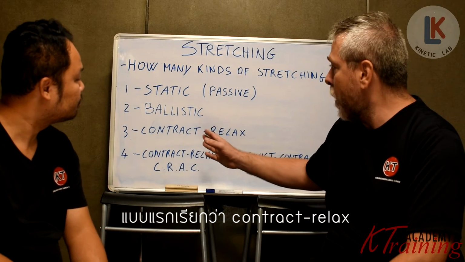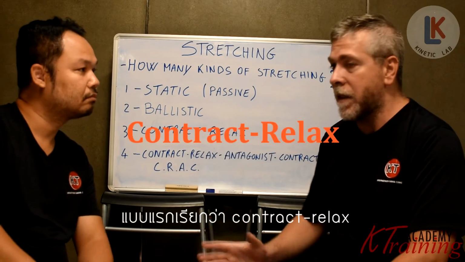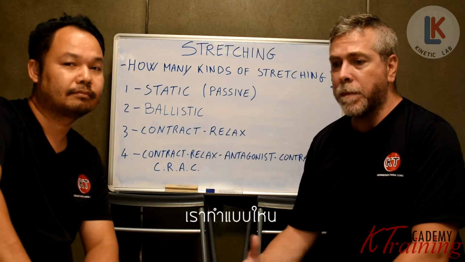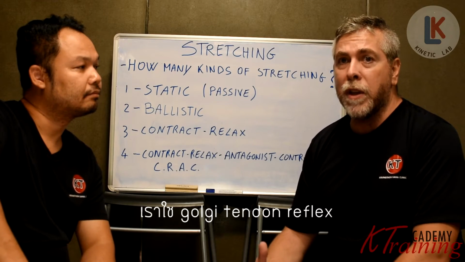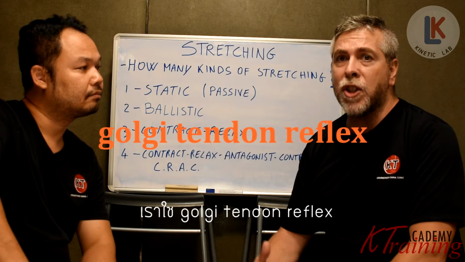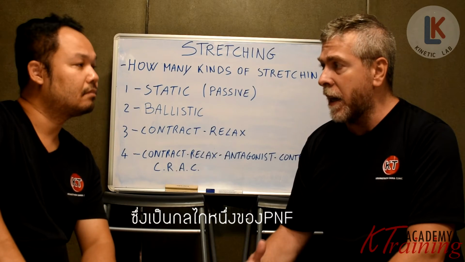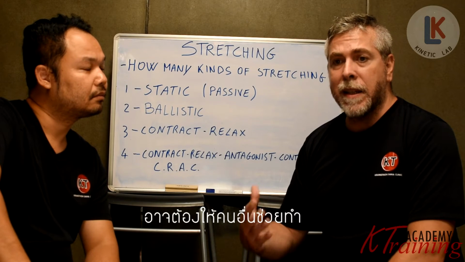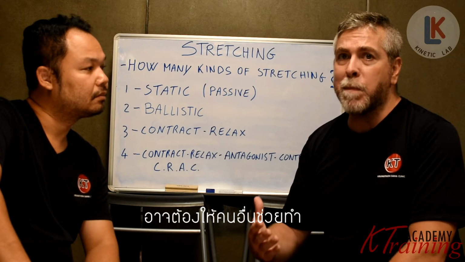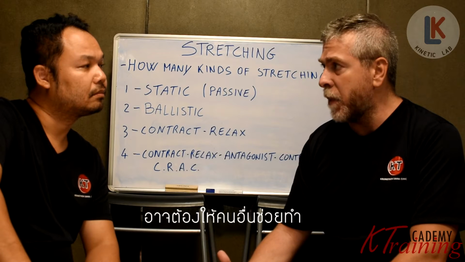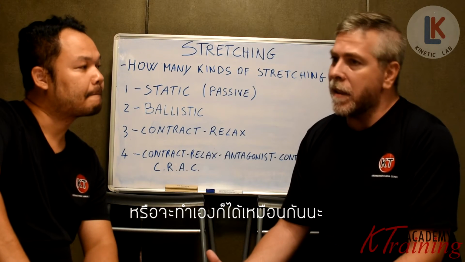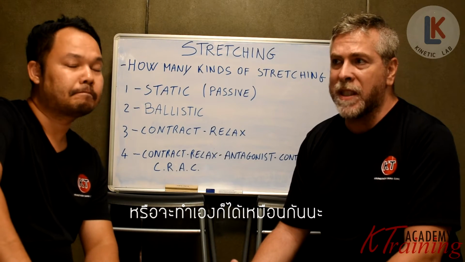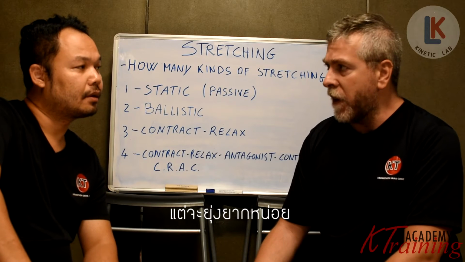The first one is called the contract-relax. How is it performed? It actually uses the Golgi tendon reflex as a PNF mechanism, and it is best performed with the help of another person. It can actually be performed by yourself, but it's kind of difficult.